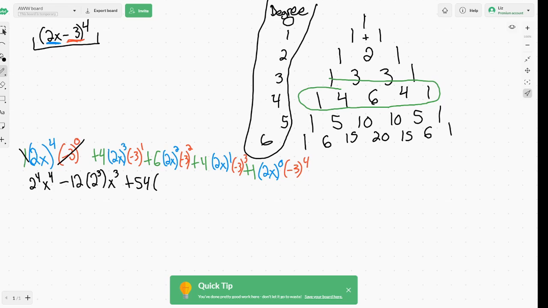And then 4x squared. Negative 3 times 3, that's negative 27. Negative 27 times 4 is negative 108. Times 2 is negative 216. 1 is just 1. Anything raised to the 0 power is 1. So 3 raised to the 4th power is 81.